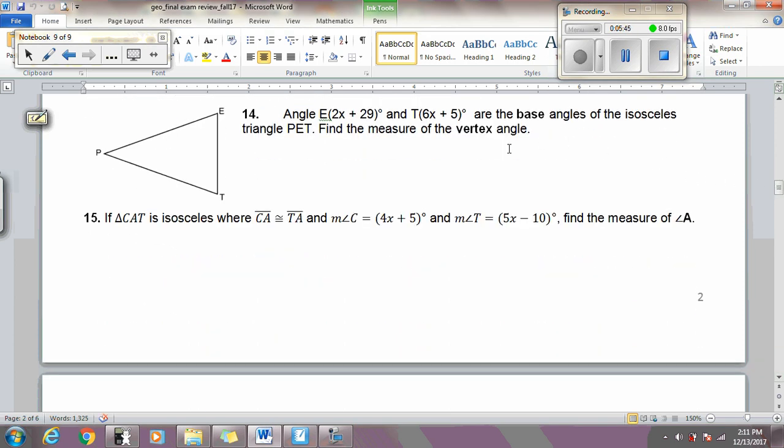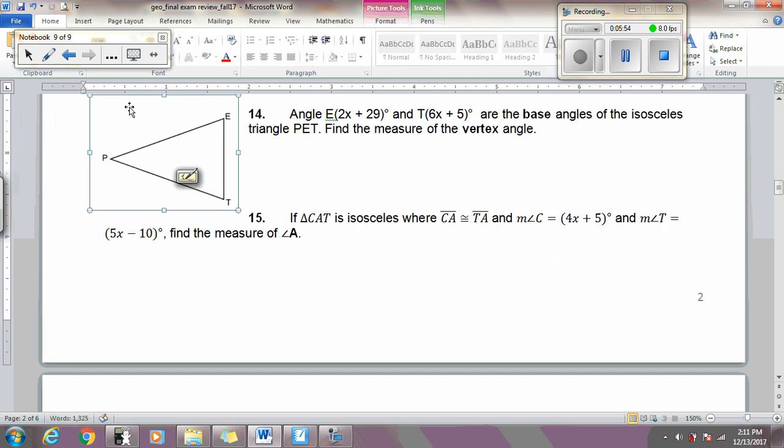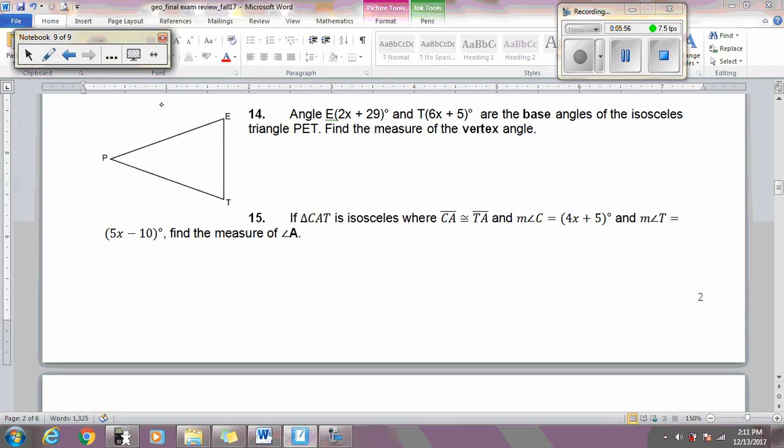Number 14 says angle E is 2x plus 29. You might want to add that to the picture. Or I'll just draw an arrow. All right, 2x plus 29. T is 6x plus 5.